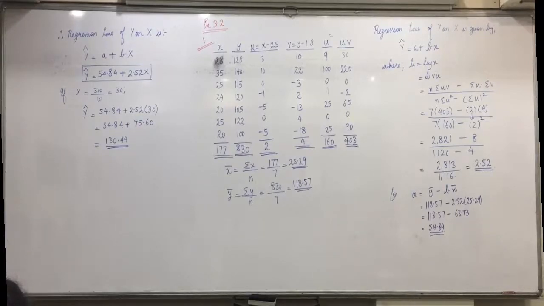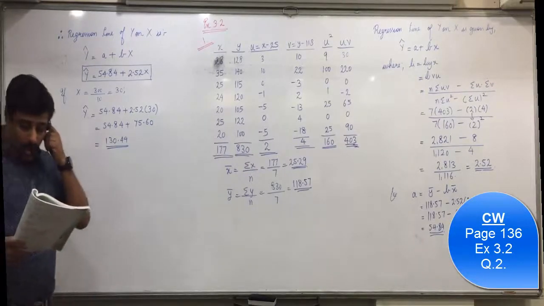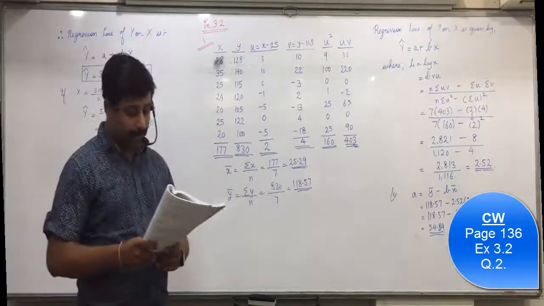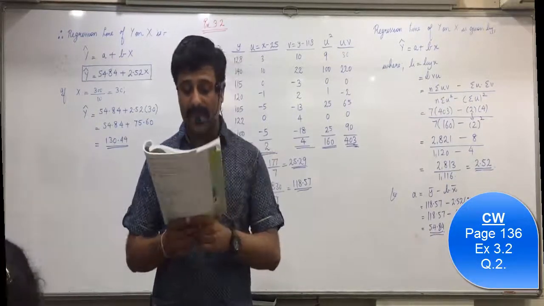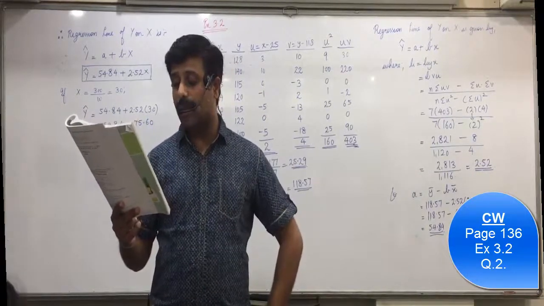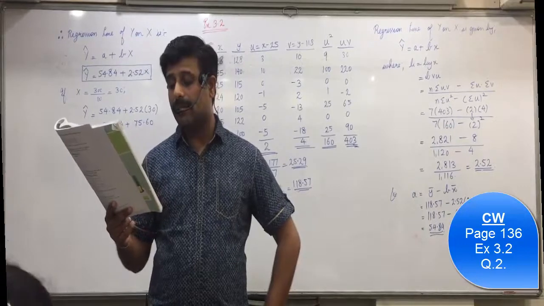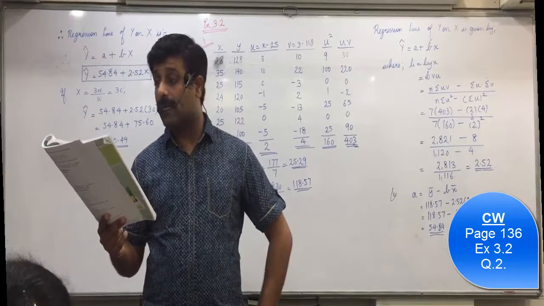So, any confusions in this? Look at the next question. Question number 2. Be attentive. To know the relationship between the heights of father and sons, obtain the regression line of height of son. What is that denoted below? Height of son.